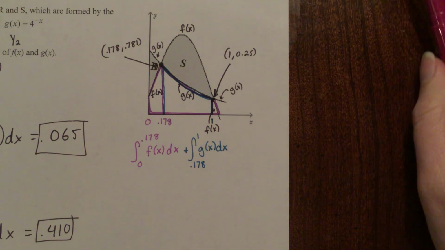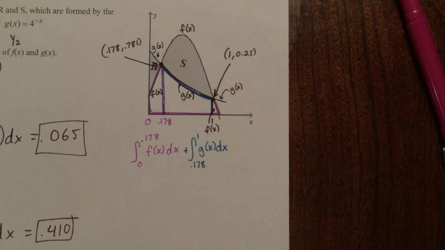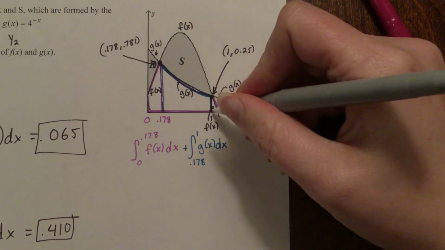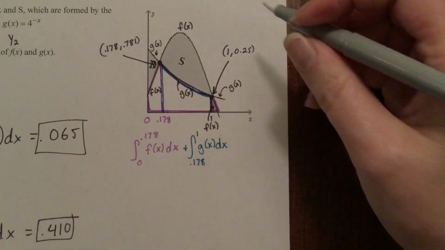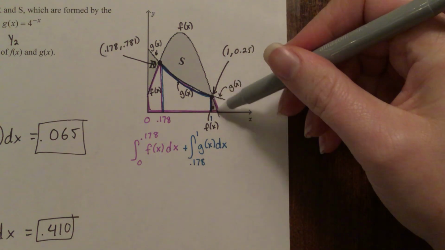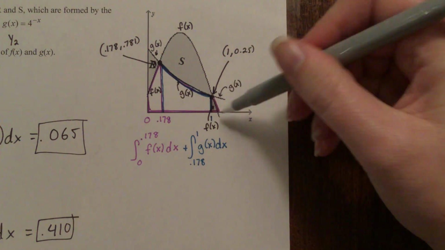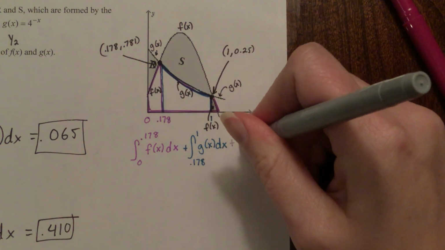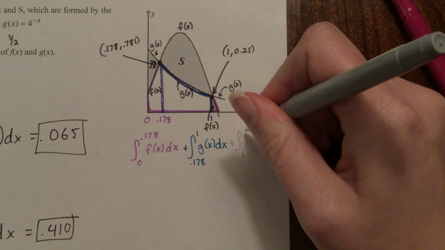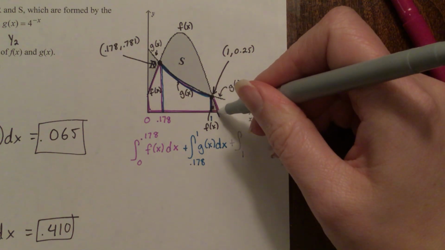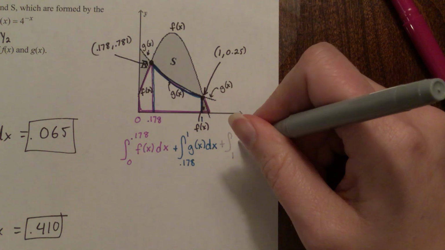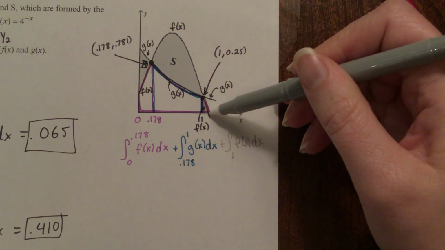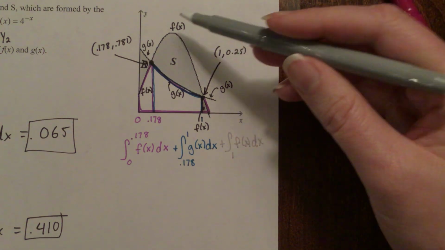And then we have one more tiny little area over here. F of x is this function again, right? We swap f and then g and then f. So plus the integral from 1 to, oh, we have to figure out where that touches the x-axis again, of f of x dx. So we have to find a 0 of f of x.